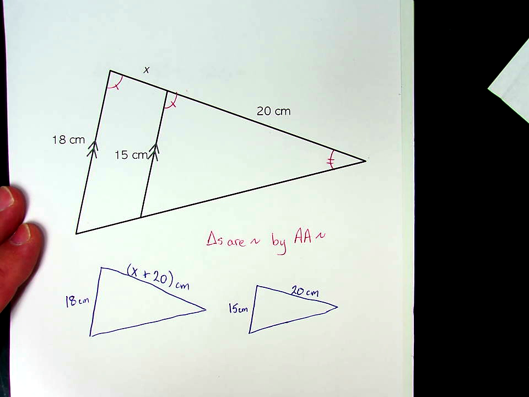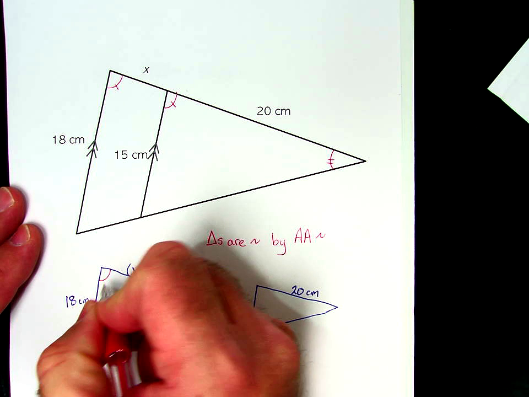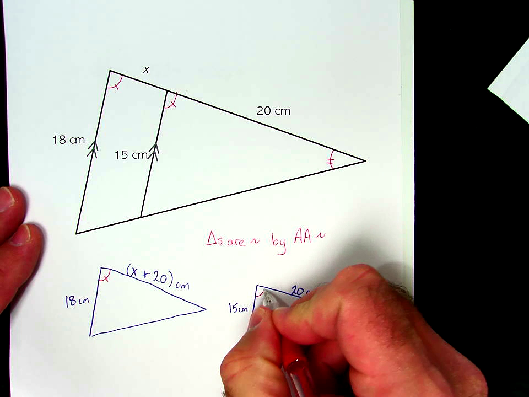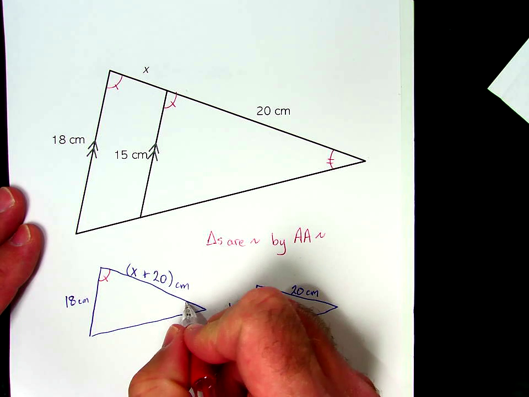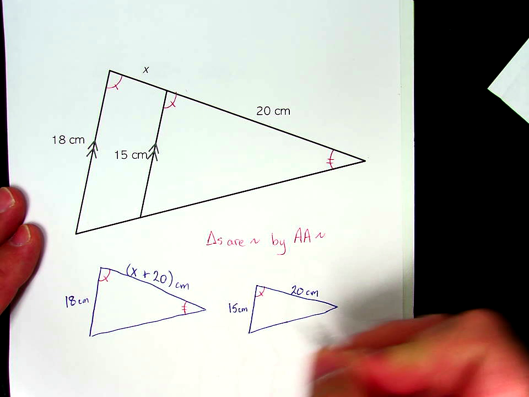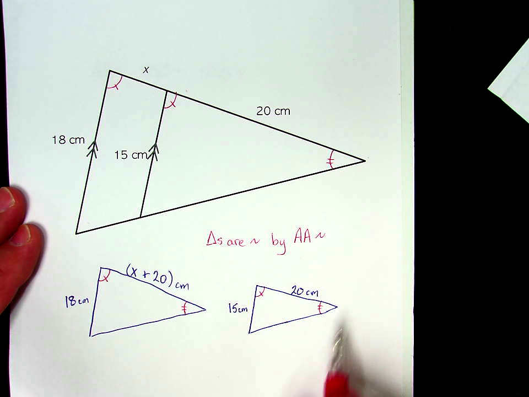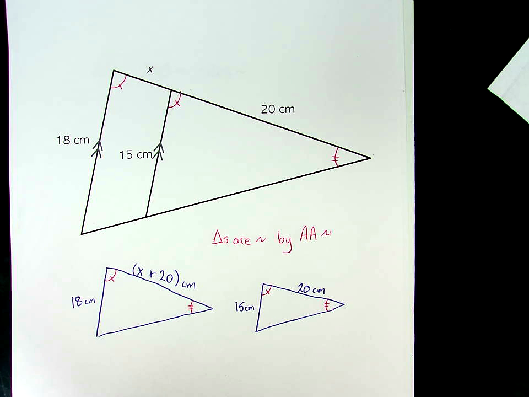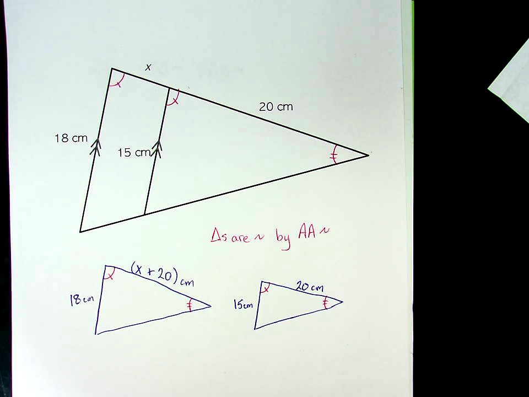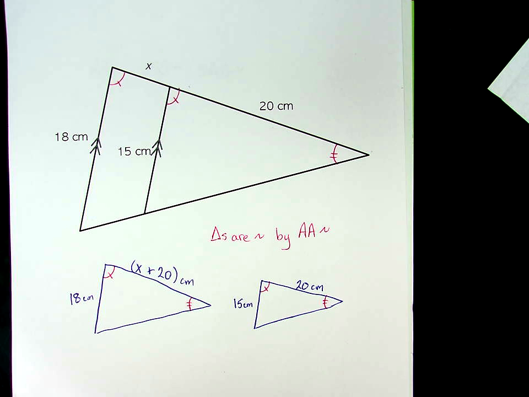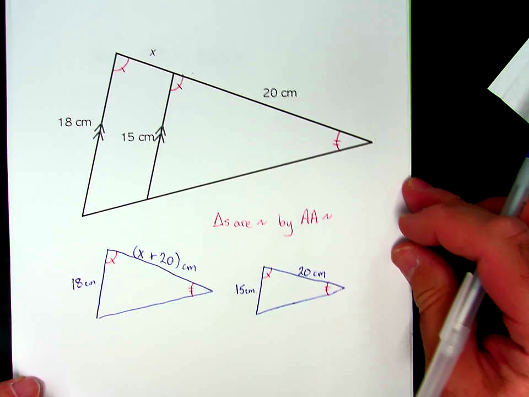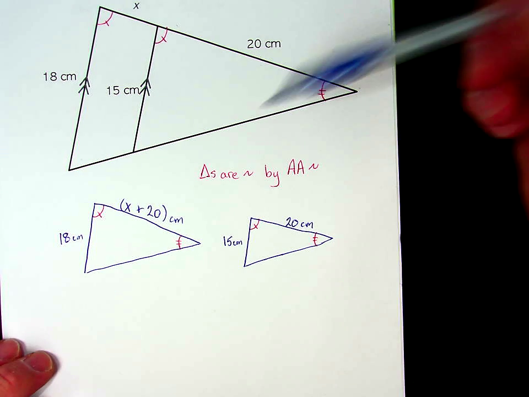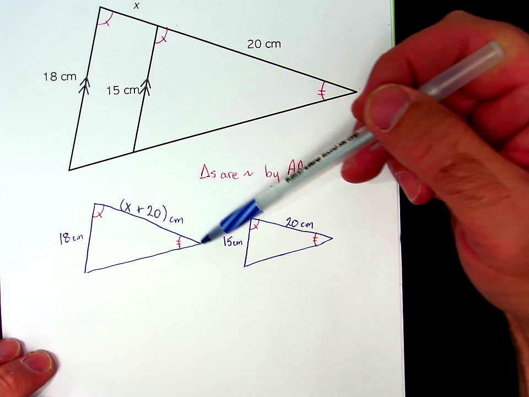Now, I want to label my angles within this picture too, so I know that this angle and this angle are congruent. This angle and this angle are congruent. And in our original picture, those are the same angle. So now I can figure out my corresponding sides. Notice that the one I want to try to find here, the x, is a part of this length.